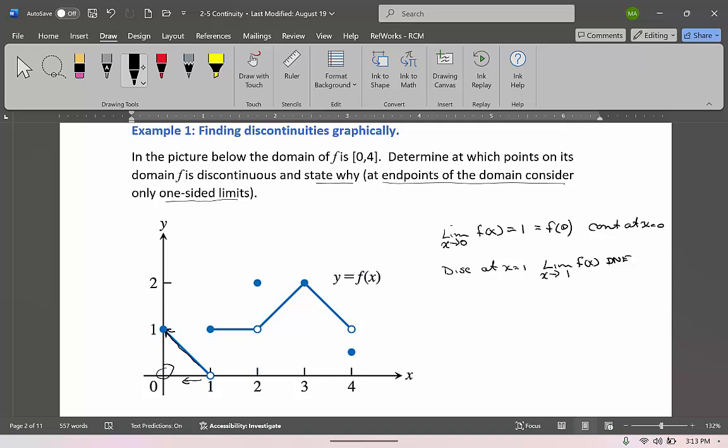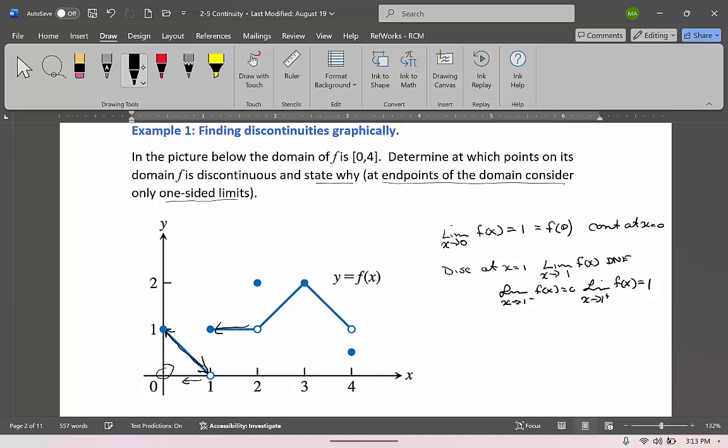Okay? And the reason it does not exist is if we approach from the left, we're approaching 1 from the left, we're getting 0. But if we're approaching 1 from the right, so from this direction, we're getting 1.